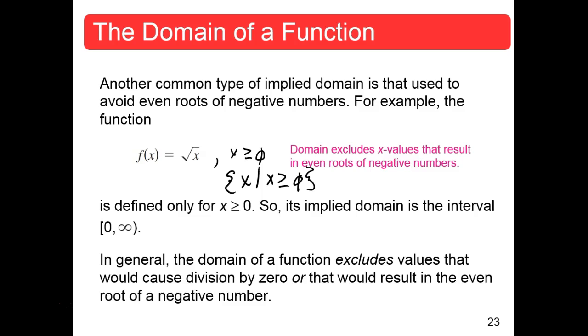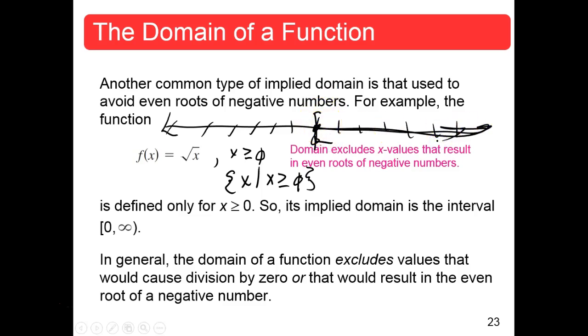So it's any number from 0 all the way up. If you did your number line, with that being 0, okay, your x's would be including the 0, so I put a solid dot there, everything from there to the right, okay?